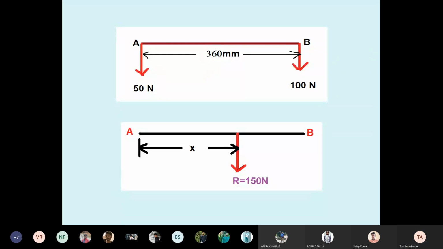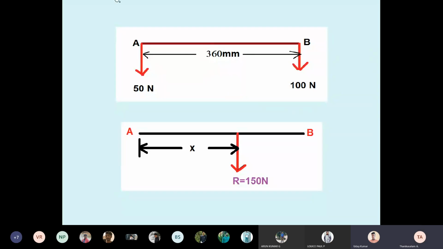That is called the Varignon theorem. Repeat. No, not resultant force, resultant force moment equals individual force moment. Tell me again. Resultant force moment equals individual force moment. Repeat it three times. Resultant force moment equals individual force moment.